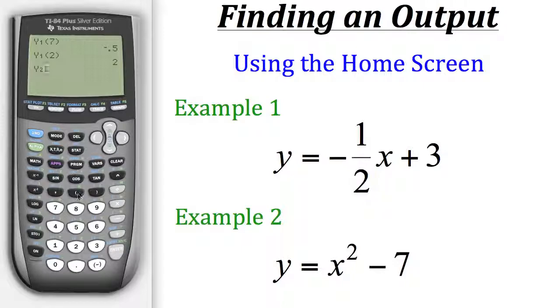Let's say we want to know the value of its output when x is negative 1. We just put that in parentheses and then hit enter. Now we can see that our y would equal negative 6 at that point. And if you remember from using the trace feature, that's exactly what we got when using that method.